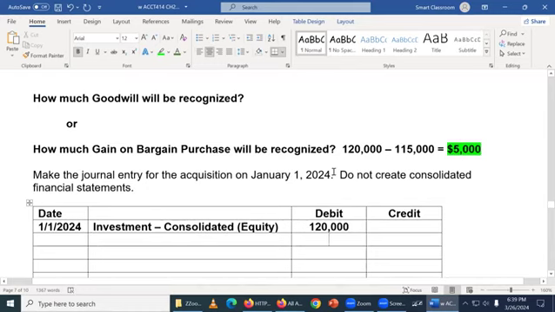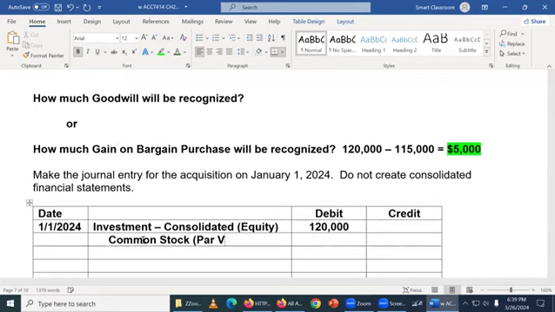Okay, we're going to put the stock on that part. Put the common stock. We'll put it on a par value, be the same as before. 5,000 shares.